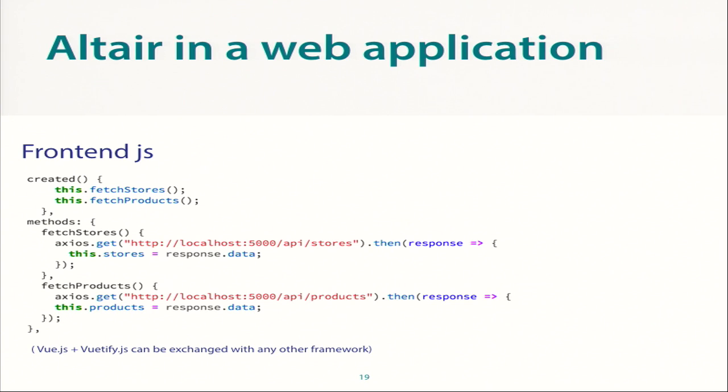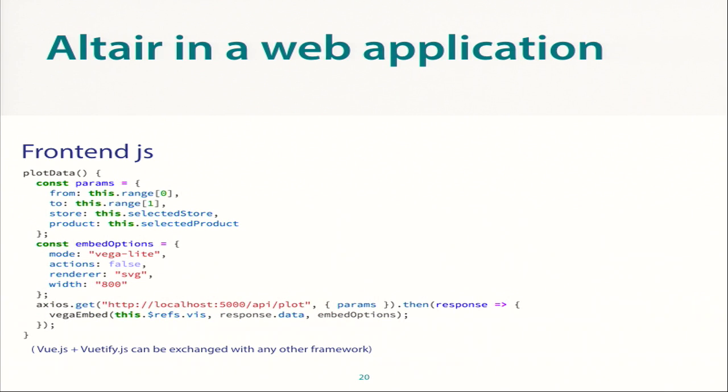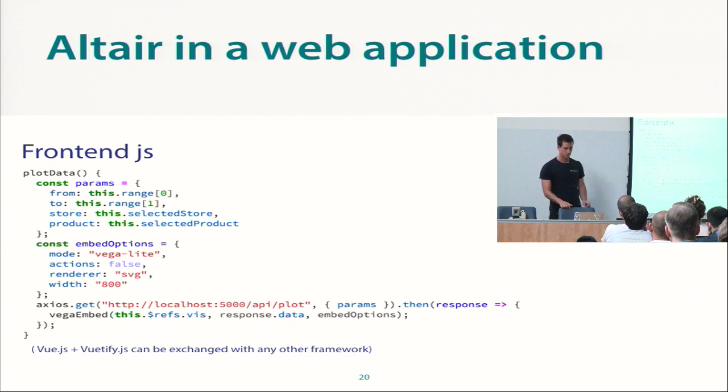Here we execute the fetch stores and fetch products functions, which just fetch the list from the backend we have seen before with all the products and stores available. And when we click the button, we call that function plot data, where we send the selected store, product, and date range to our backend. And then we use again Vega embed to render the actual chart.